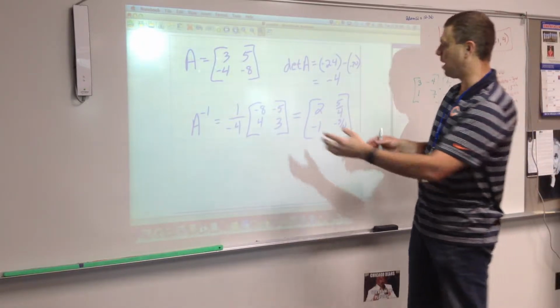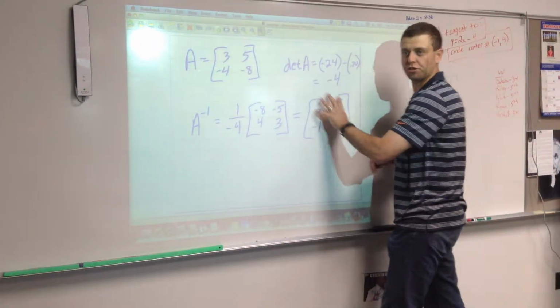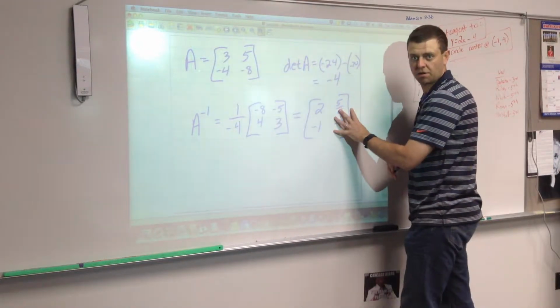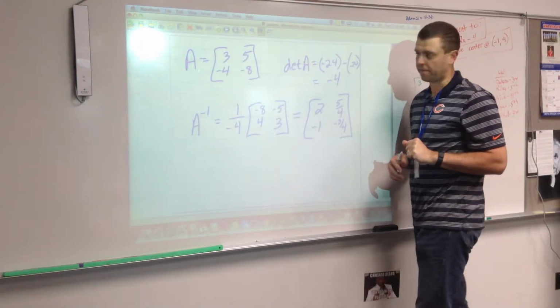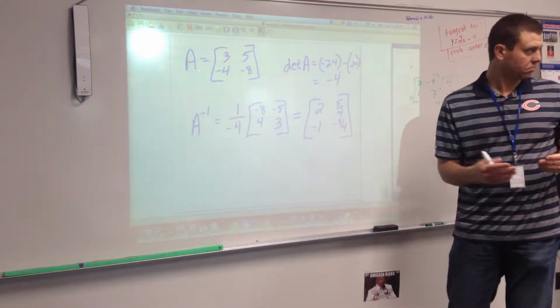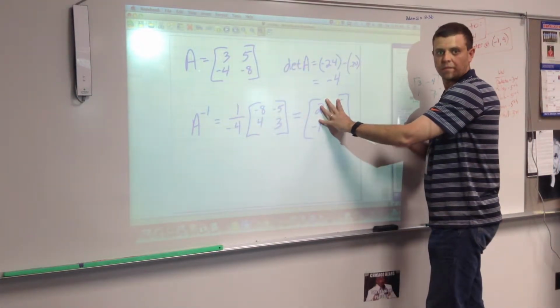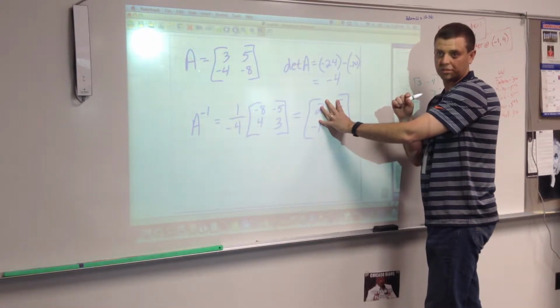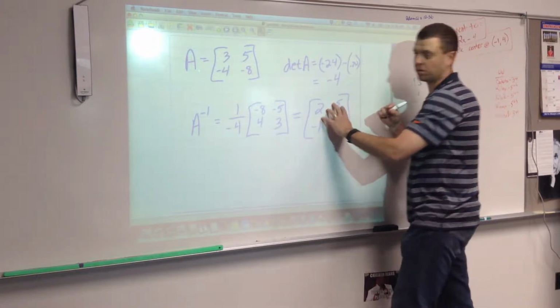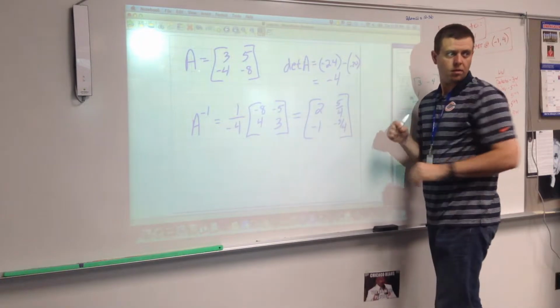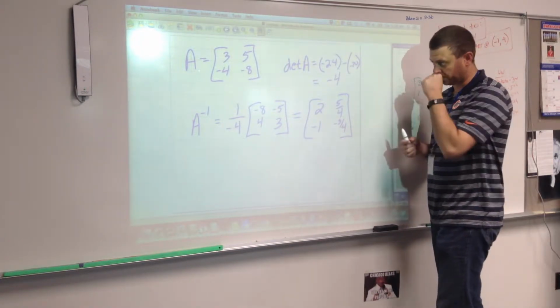Do you want me to do the multiplication on this? No, I'm good. You guys are good? Okay. So if I take this matrix times this one, this is also one that would work the other way too. Most of the time it doesn't, but this one it would.